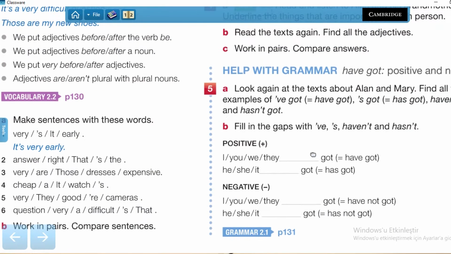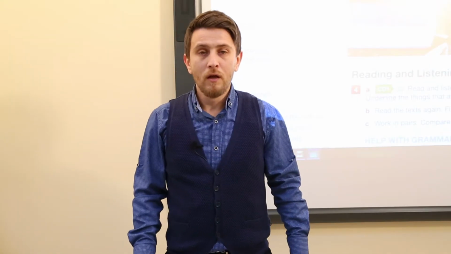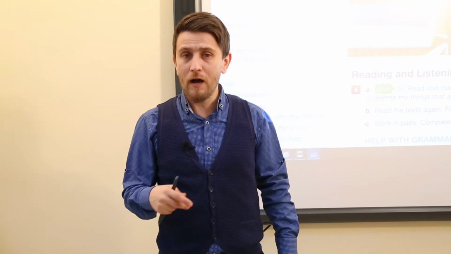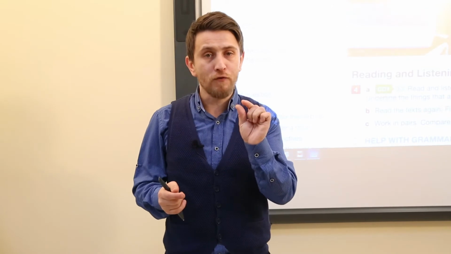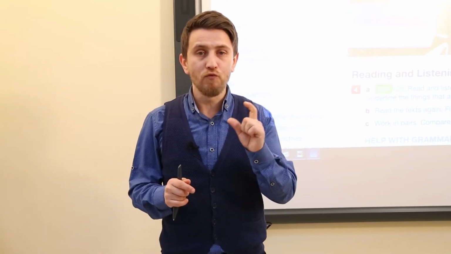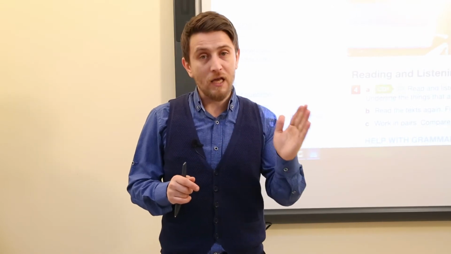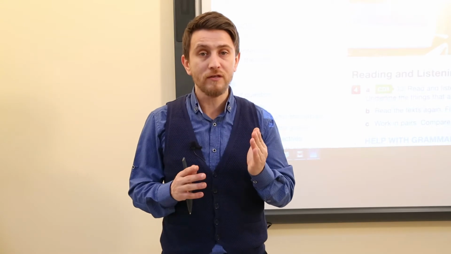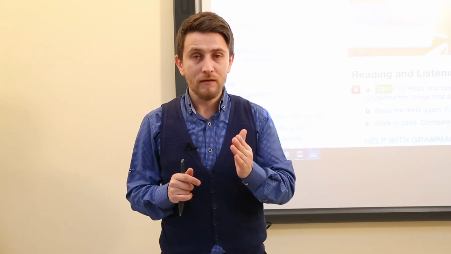Now, we have got and has got forms. The positive forms are I have got, you have got, if you remember we have got, they have got, and we use short forms. I've got, you've got, we've got, she's got, he's got, it's got. He has got, we say he's got. She has got, we say she's got, and it has got, it's got.